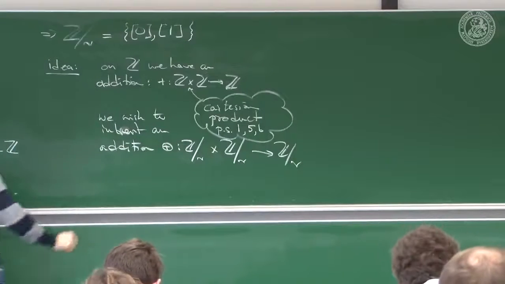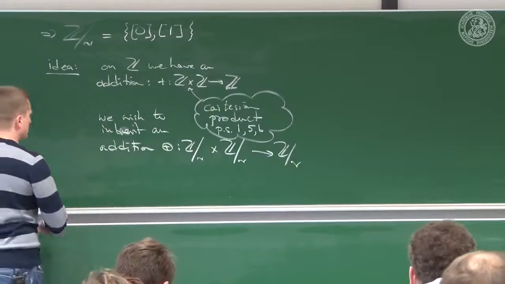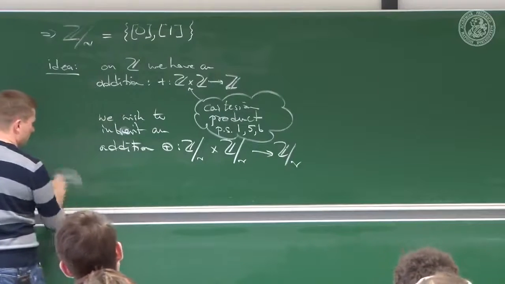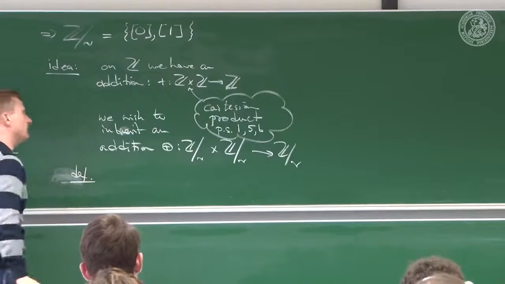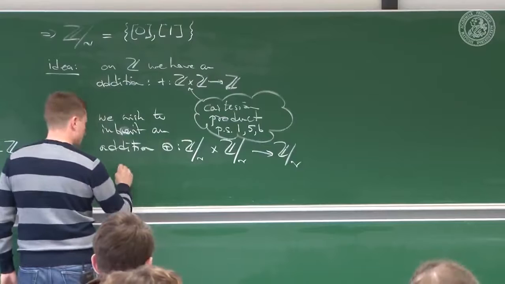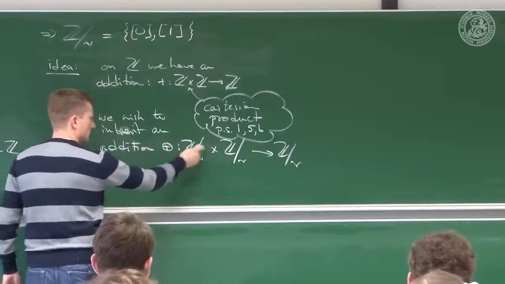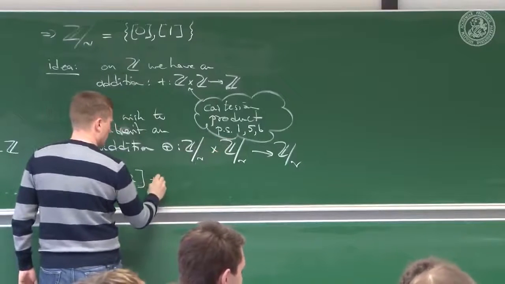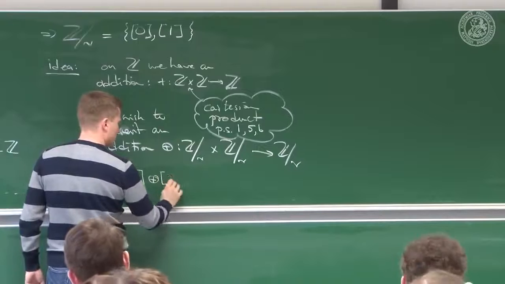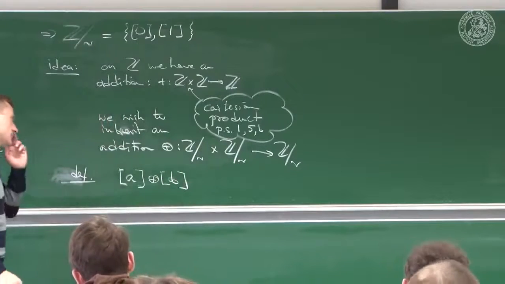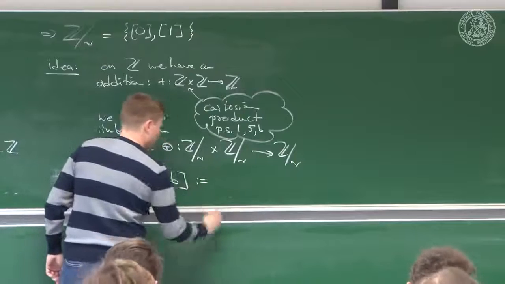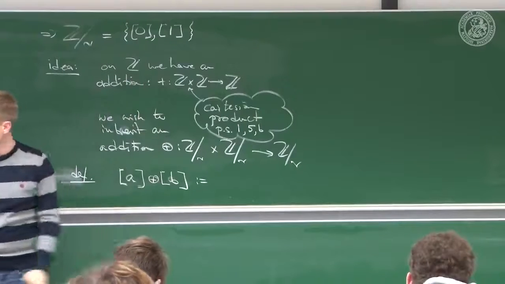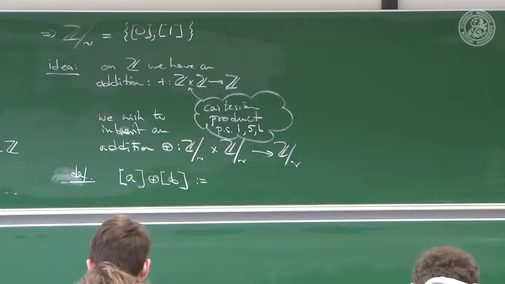We wish to inherit such an addition from there, and we could come up with a tentative definition. We say, okay, I take an equivalence class, an element from here, I take another element from here, and I add them, because that's exactly what this addition is supposed to do. I have to specify how this works, and I want to define this in terms of this addition on Z. That's what I mean by inherit it.